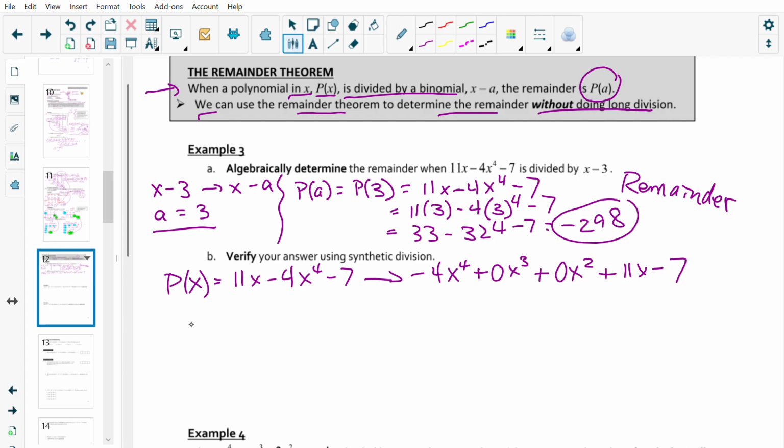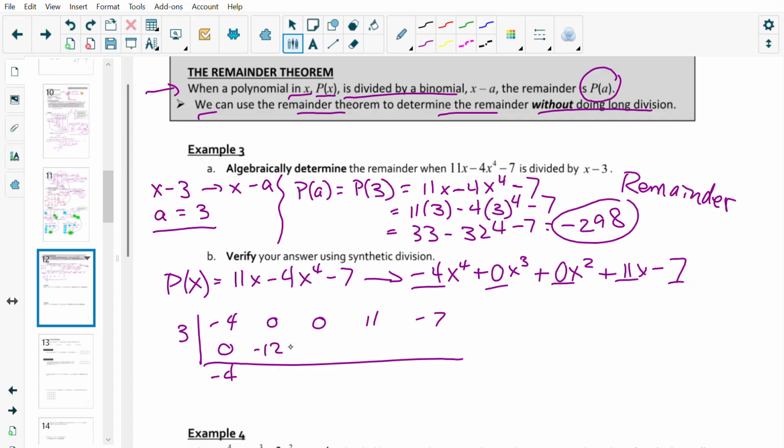Okay, so this is my polynomial. So my divisor a equals 3. So I'm going to fill in all these coefficients. Negative 4 plus 0 is negative 4. 3 times negative 4 is negative 12. 0 plus negative 12 is negative 12.